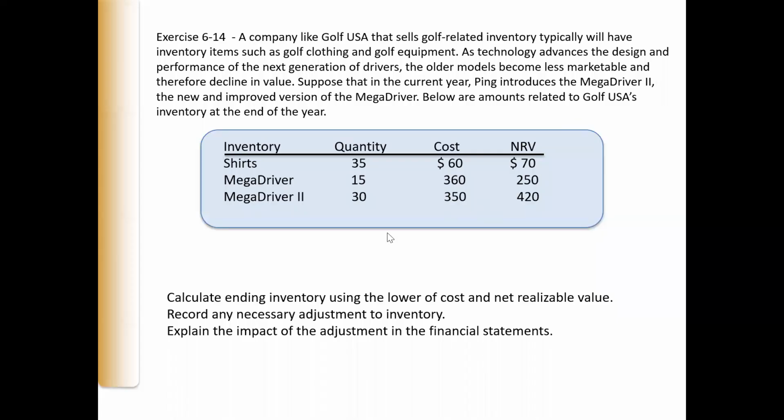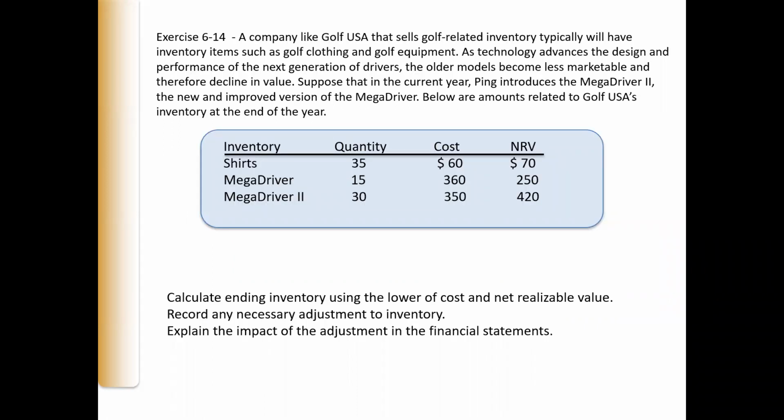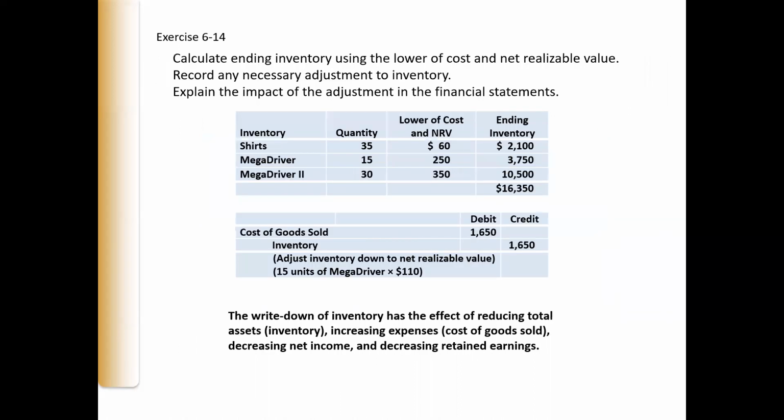Okay, so guys, calculate the ending inventory using the lower of cost or net realizable value. The shirts, the lower of cost or net realizable value is cost. The Mega Driver, the net realizable value is the lower number at 250. So that's what we're going to use.